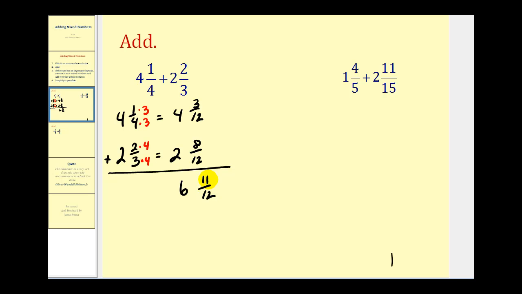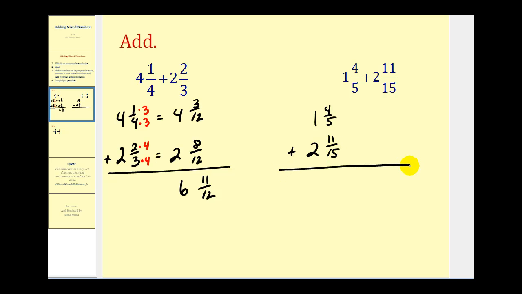Now unfortunately, many of the problems don't turn out this nice, so let's go and take a look at another example. Again, we'll start by writing this in vertical form. So we have 1 4/5 plus 2 11/15.